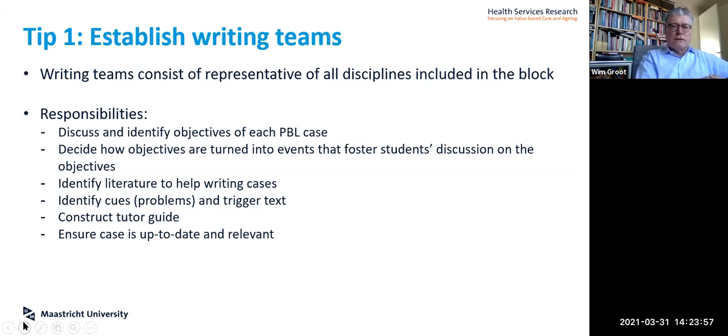So aside from writing the cases, the writing teams are also responsible for writing the tutorial instruction. And finally, cases need frequent updating. If the literature for the case needs updating, the writing team is also responsible for keeping cases up to date and relevant.